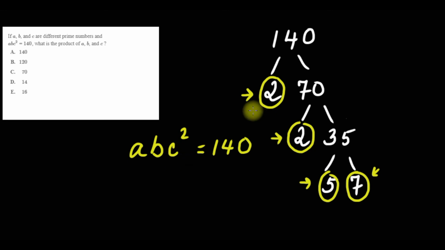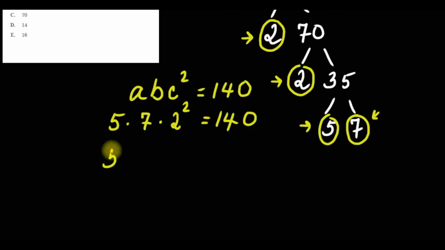So it looks like C is going to be 2. And then the 5 and the 7, that doesn't matter. One of them is A and the other one is B. So we can go 5 times 7, and then C squared, that would be 2 squared, right? So we can set it up like that, and that comes out to 140.